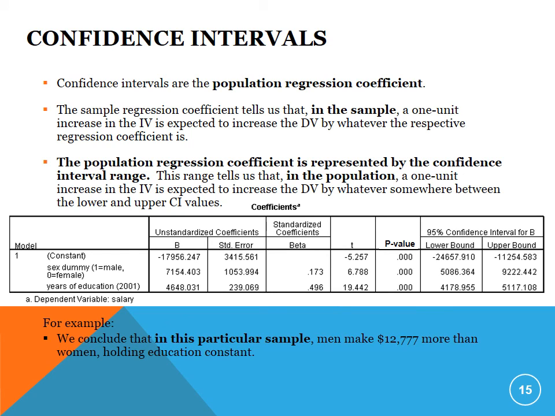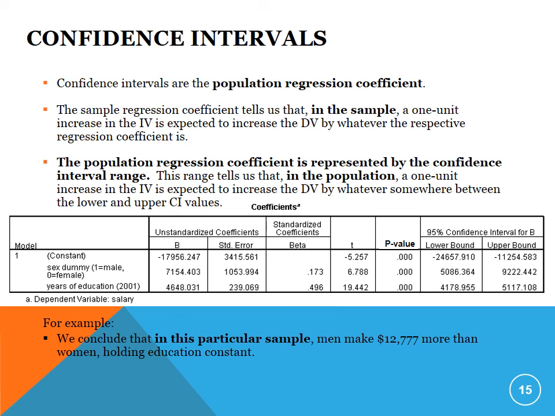So let's look at the sample regression coefficient. We conclude that in this particular sample, men make $7,154 more than females, holding education constant.